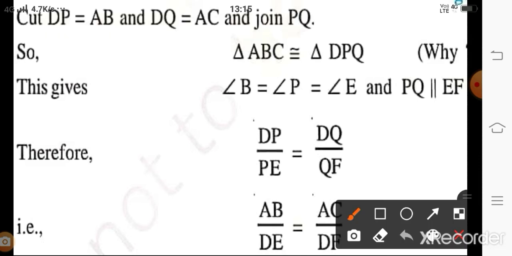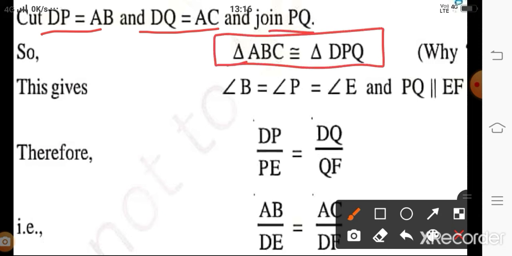And what we have, if DP is equal to AB and DQ is equal to AC, and if you are joining PQ, then these two triangles are congruent, because the corresponding angles are equal and the sides are equal. Then by the side angle side criterion, you are getting these two triangles congruent.